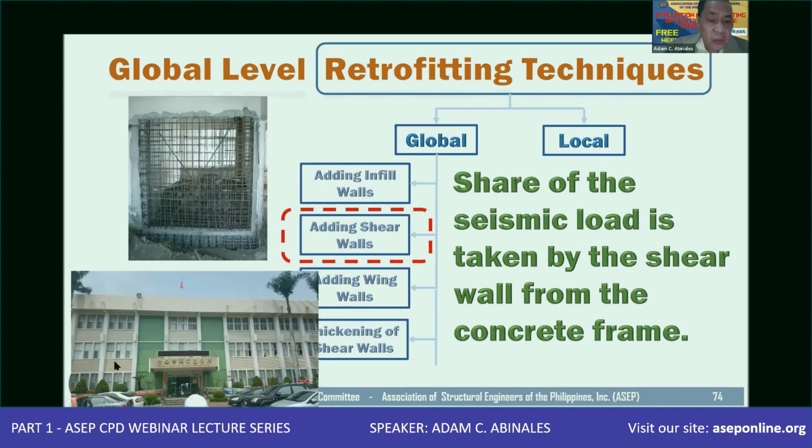This is actually a 3-story building, which I photographed in Taiwan when we visited after the Tainan earthquake, wherein the base of this building was converted into shear wall, and this building performed well during the Tainan earthquake, because the conversion was already there. Well, I would say that this building was damaged in a previous earthquake before.